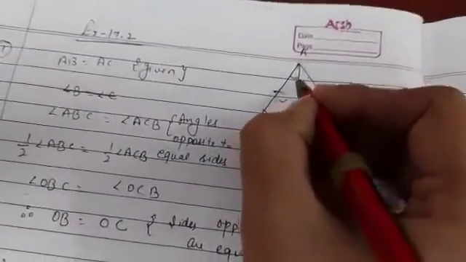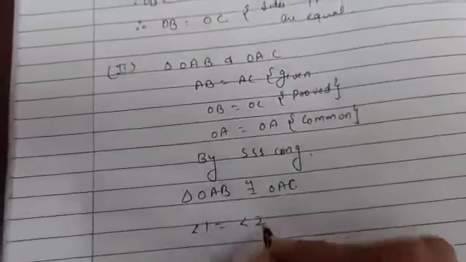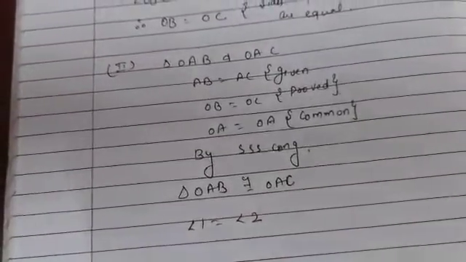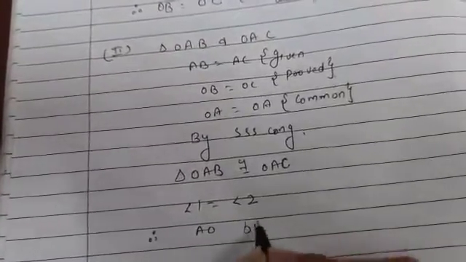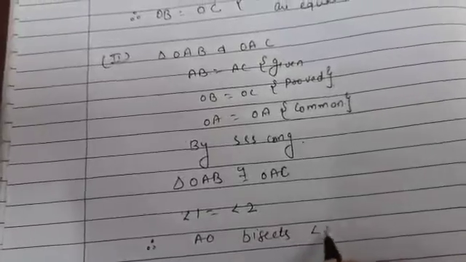Triangles congruent, it means angle 1 and angle 2 will be equal. So we can write angle 1 equals angle 2. Therefore AO bisects angle A.